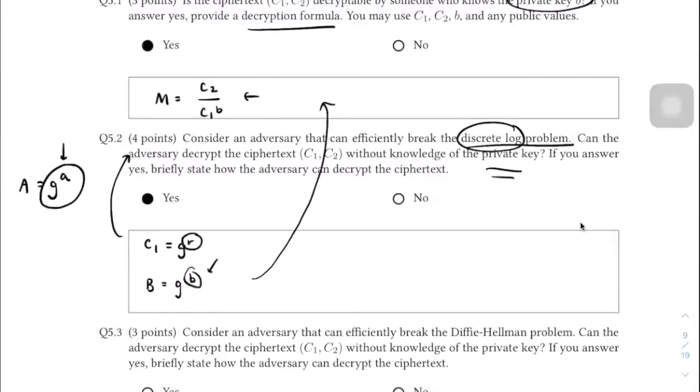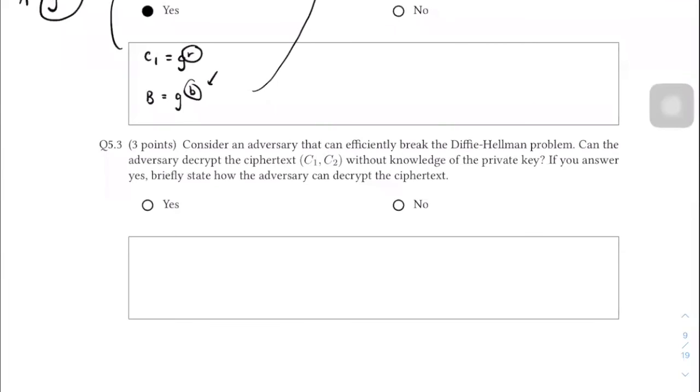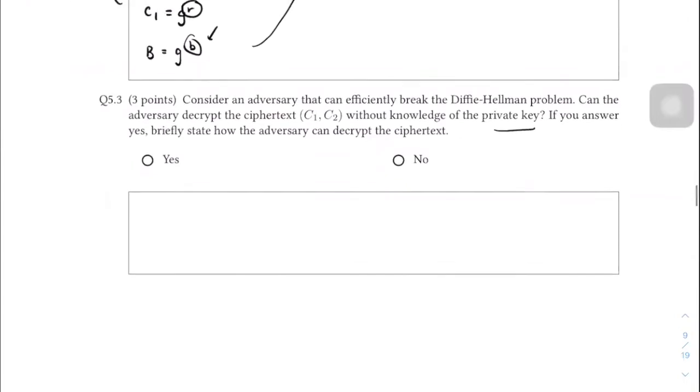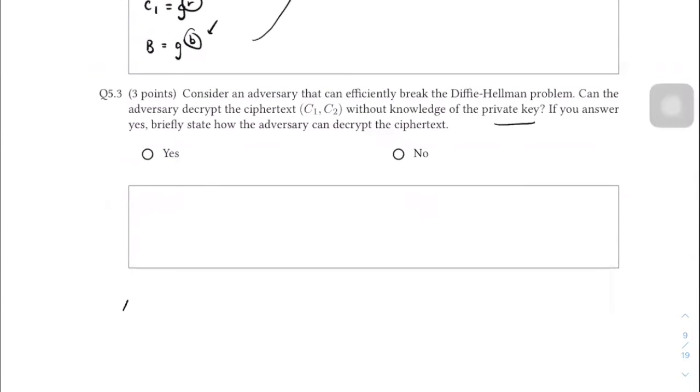Okay. Now let's go over the very last part of this question. Now the adversary, we are assuming, can efficiently break the Diffie-Hellman problem. Can the adversary now decrypt C1 and C2 without the knowledge of any private key? Really quickly, Diffie-Hellman: again we have Alice and Bob with a private key and a public key.